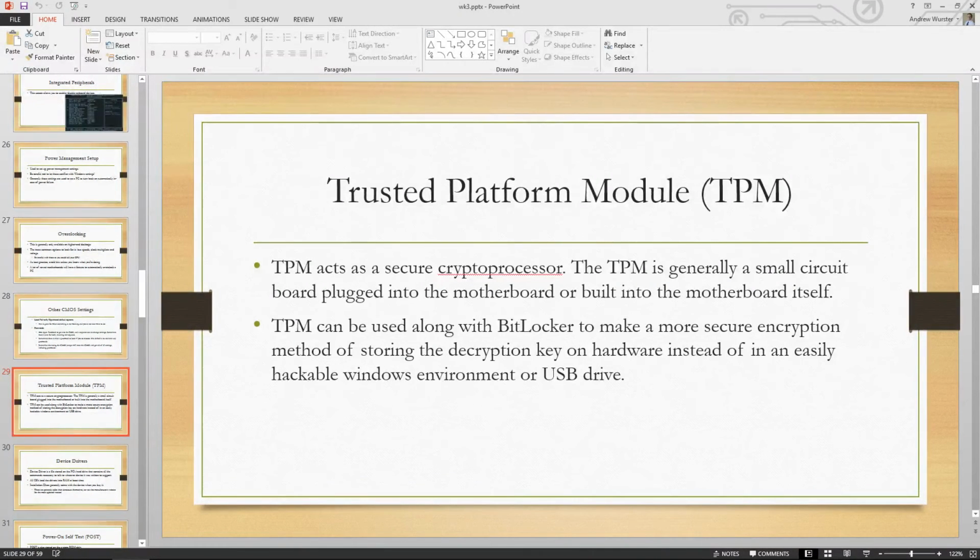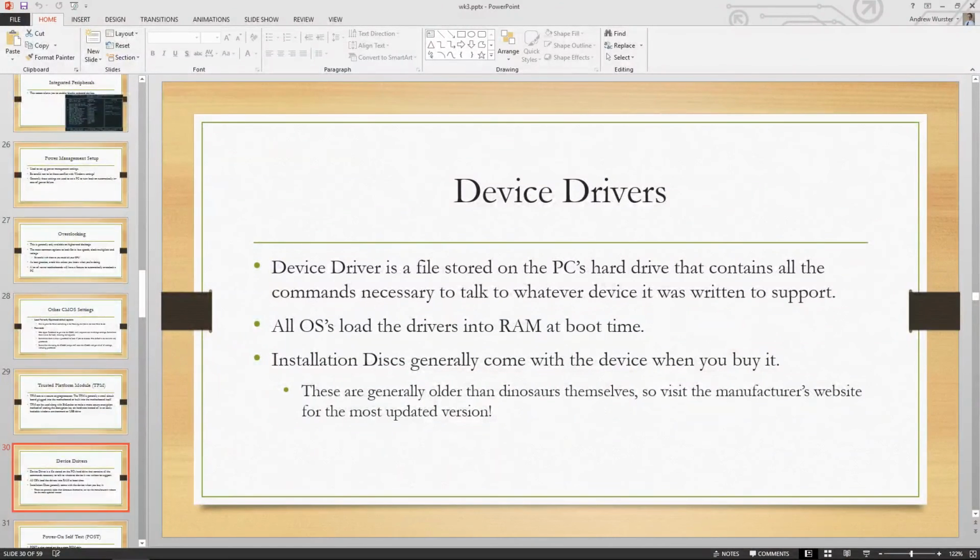It's safer than software because it's a physical chip and you're not relying on Windows to be reliable. So you're not having the possibility of someone putting a virus on Windows and ending up decrypting all your data just because they hacked into where the key was stored. So that's actually something that's kind of nice.